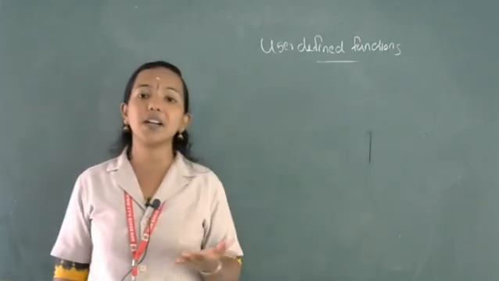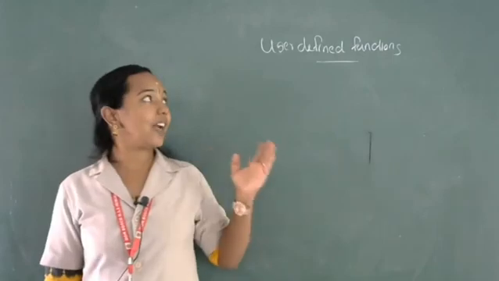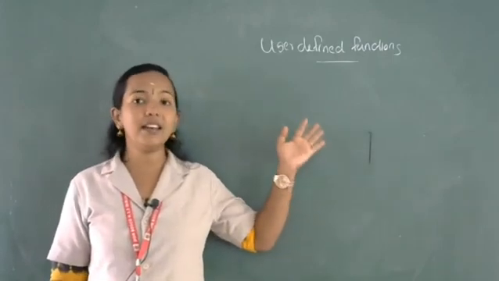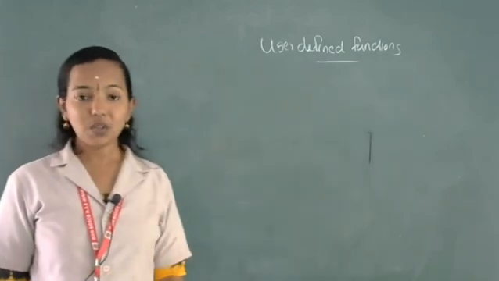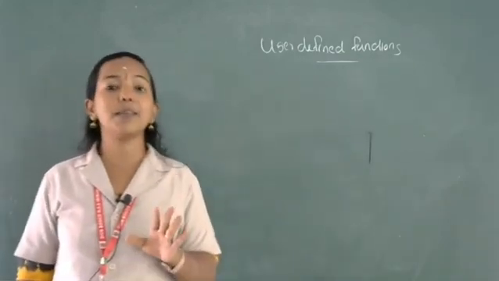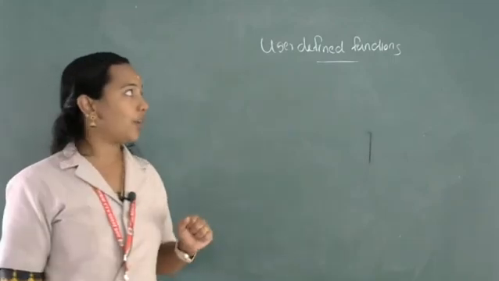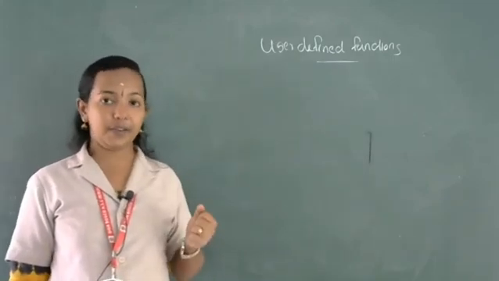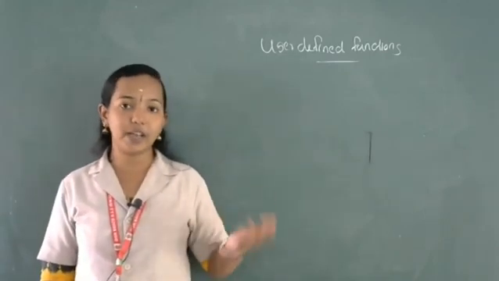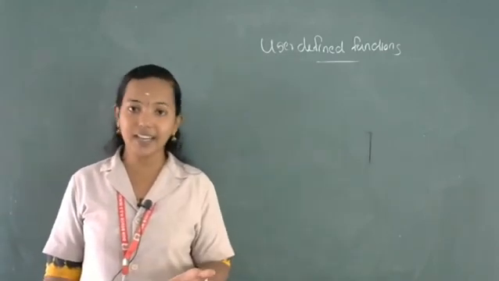Everything the user wants to specify. Those kinds of functions are known as user defined functions in C++. Okay, what is it? User defined functions in C++ programming. Okay, hope you understood user defined function. Then its definition, example programs and all that we will discuss in the next video.